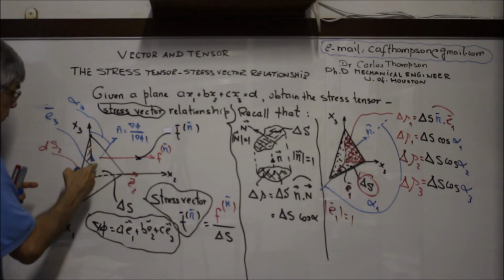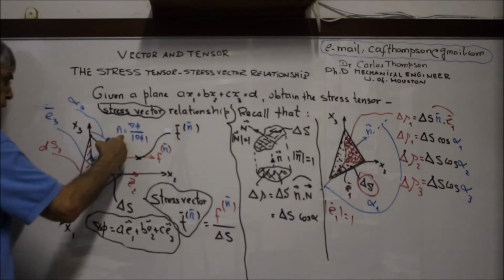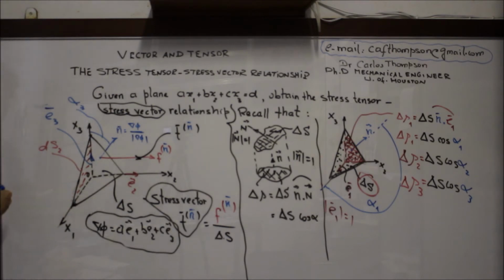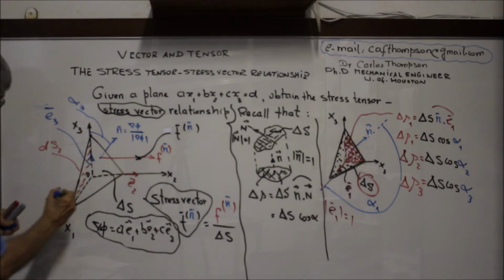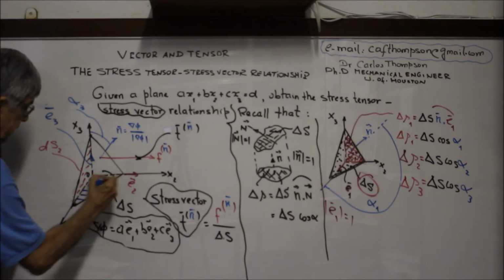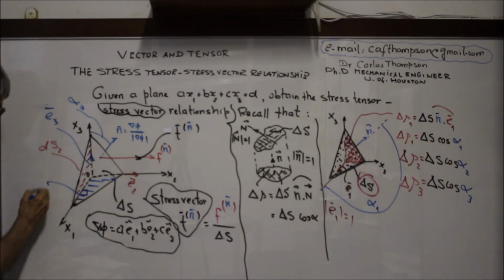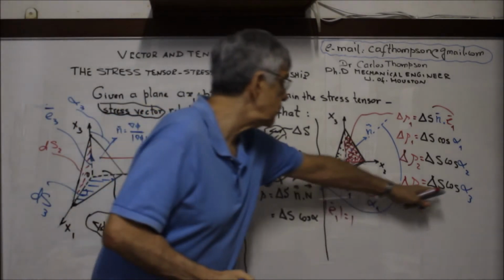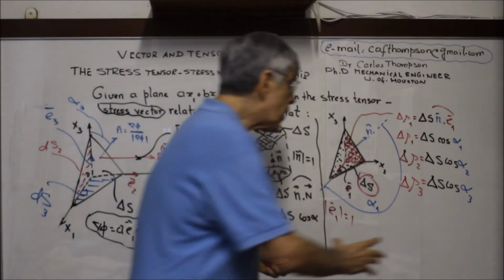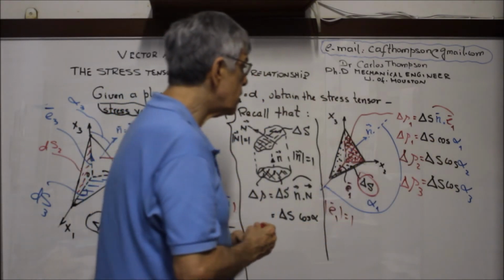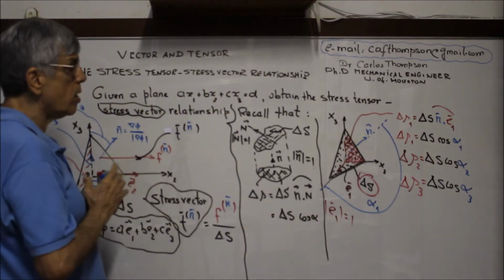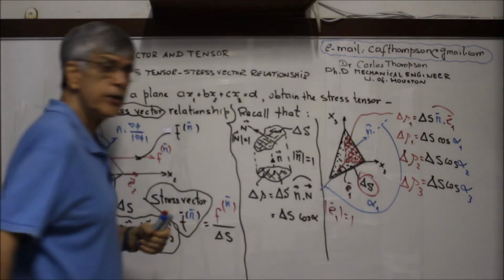So the unit vectors are E3 and n, and the projected area will be perpendicular. It'll be this area over here, delta S3, the area to which E3 is perpendicular. Why am I doing this? Because now we will apply Newton's second law on this tetrahedron over here.